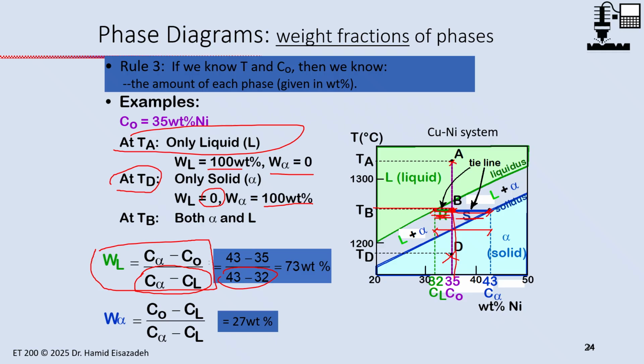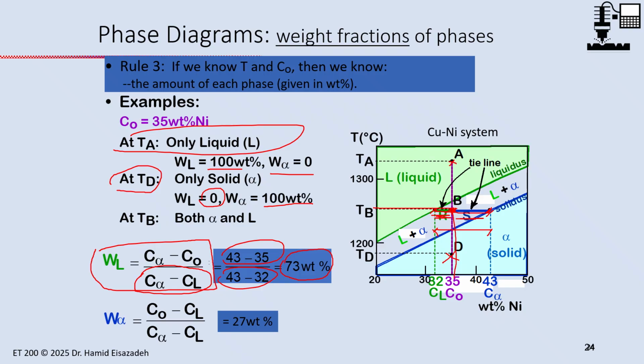Here we have 43 minus 32, and then we use this portion for the liquid part. Remember, if you're dealing with the liquid, you have to use the other portion. So 43 minus 35, and that gives you 73% liquid. It means that you are closer to the liquid line, right?